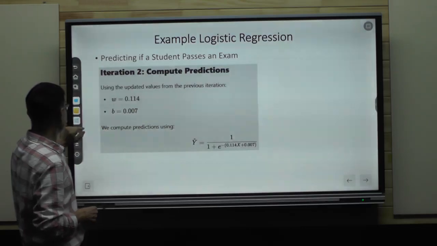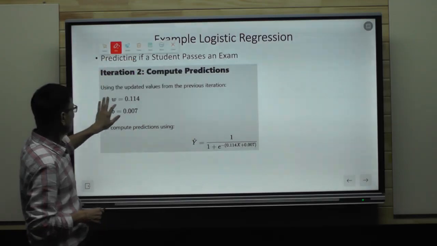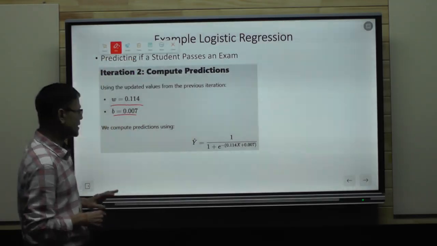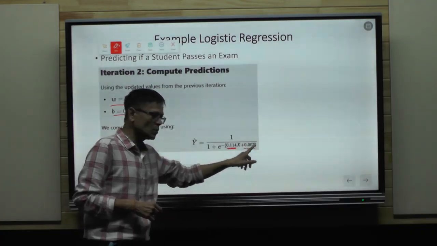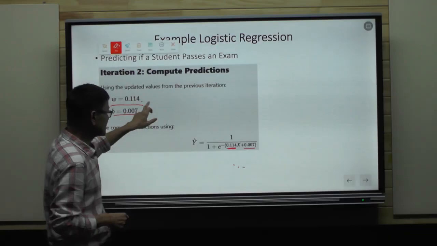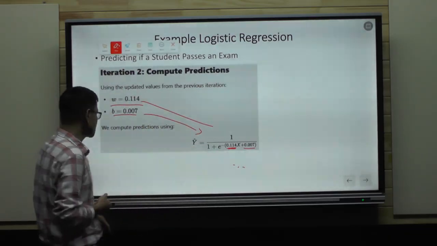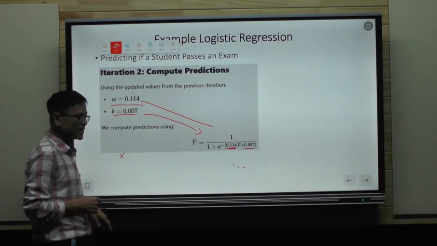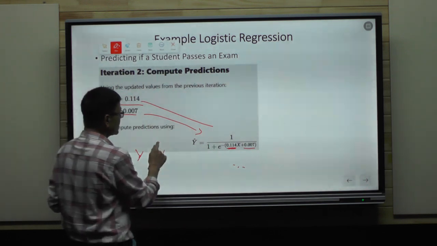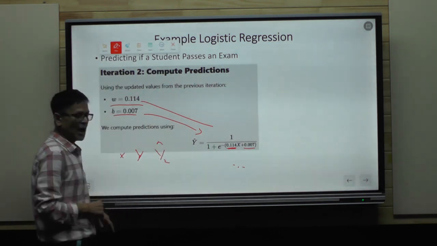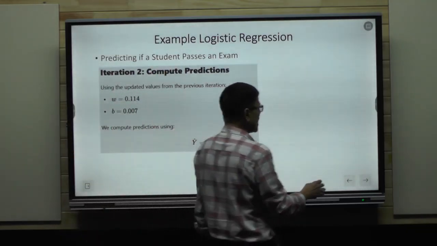Now, earlier we were using W as 0 and B as 0. Now we will use these weights and find out the new predicted value for the second iteration. So X was given, the number of study hours, the original output was given, and now for the second iteration you are calculating the output. So let's find out what the new output is.